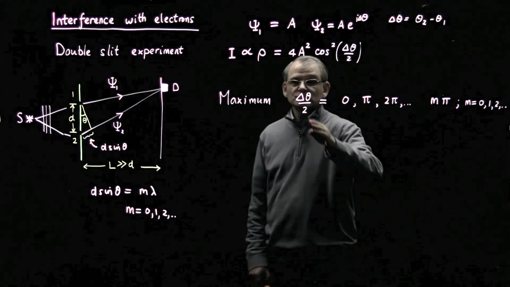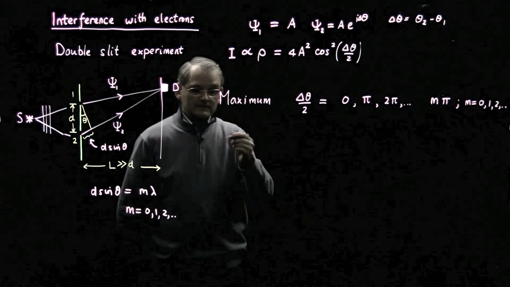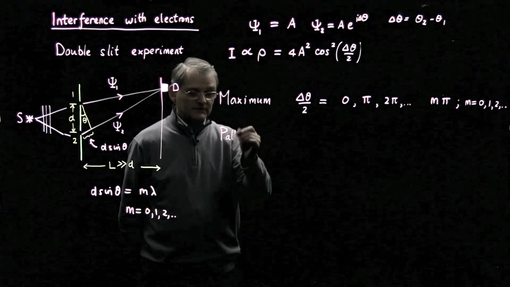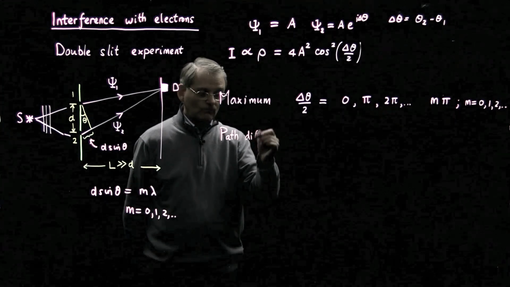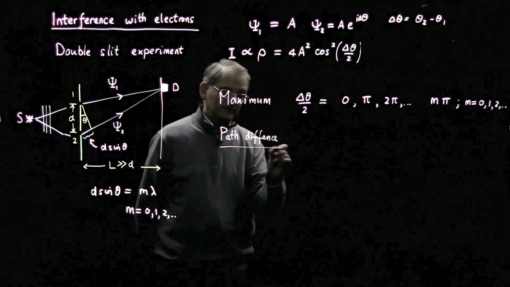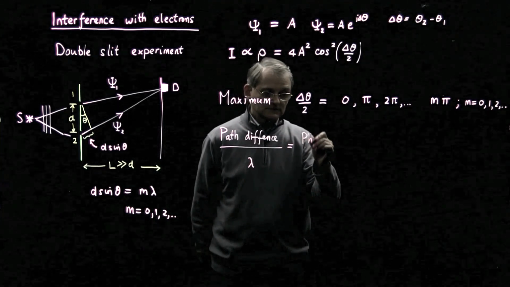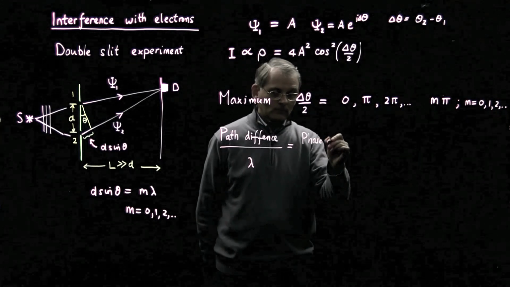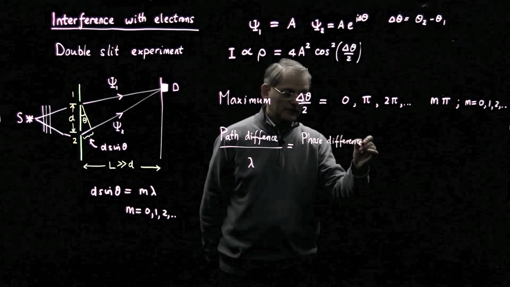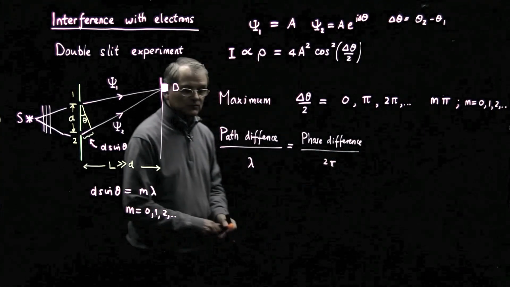What we'd like to do is relate the phase difference to the path difference. There's a very simple relationship, and it goes as follows. The path difference divided by the wavelength is exactly the same as the phase difference divided by 2 pi. What this means is something very intuitive.